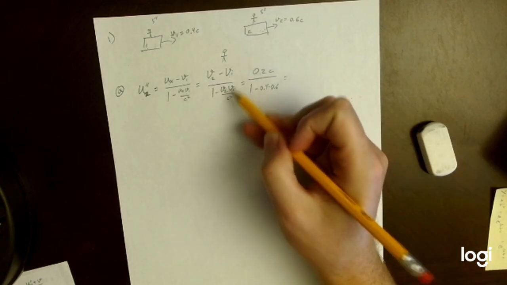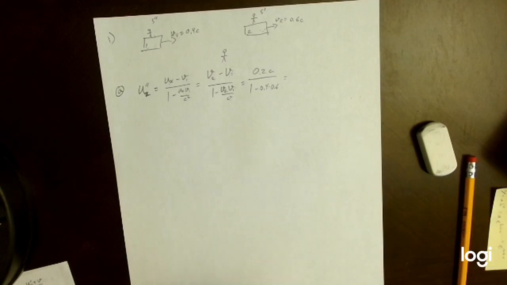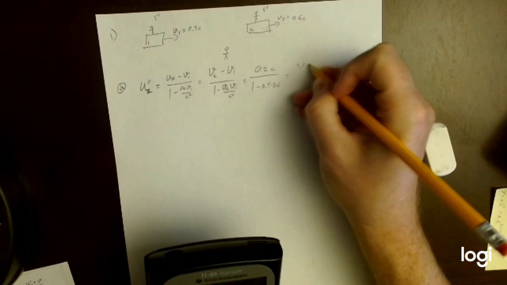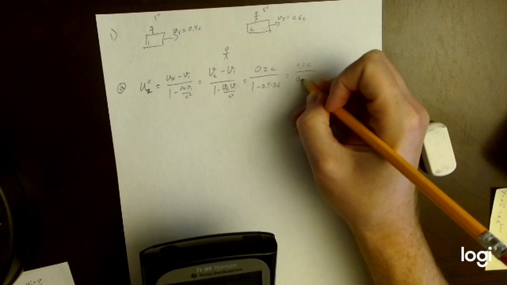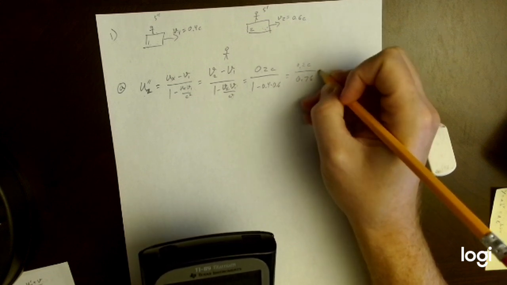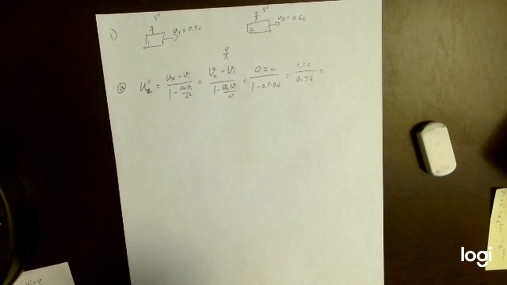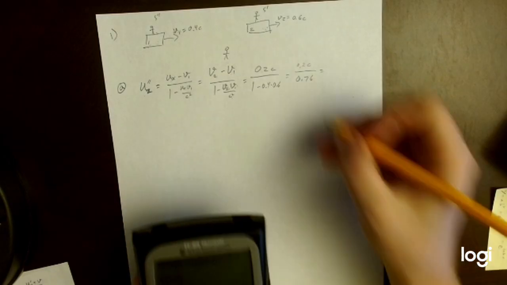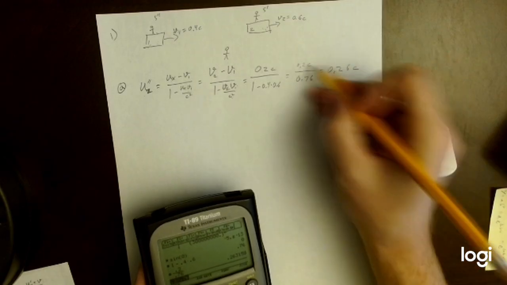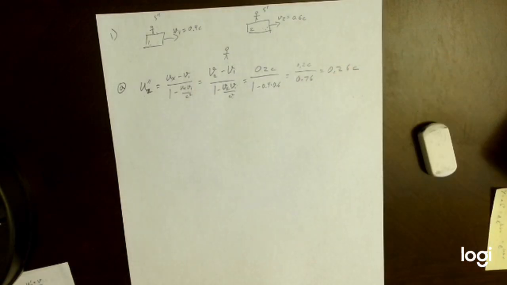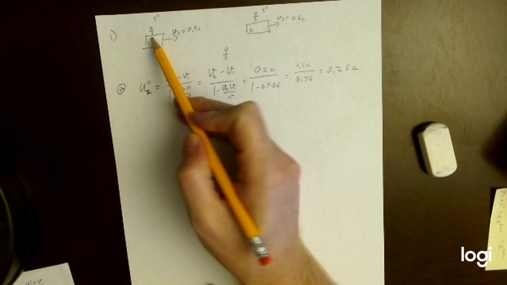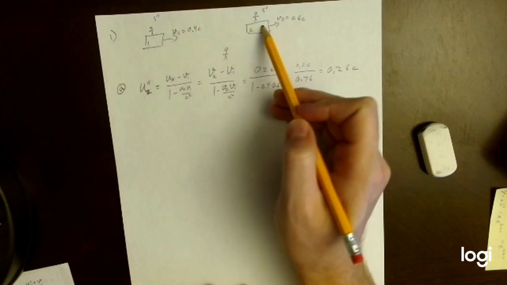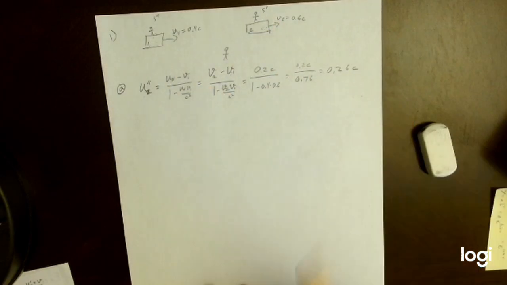Plugging this in, 1 minus 0.4 times 0.6 gives 0.76. Then 0.2 divided by 0.76 gives 0.26, and the c is still there. So instead of 0.2 c, the S double prime observer sees car number 2 moving at 0.26 c away from them.